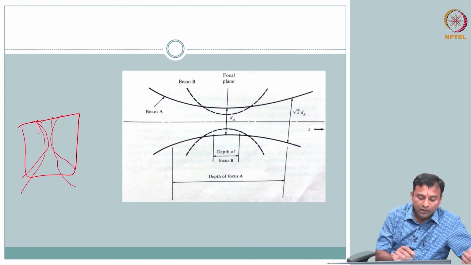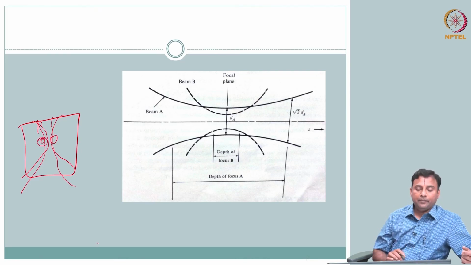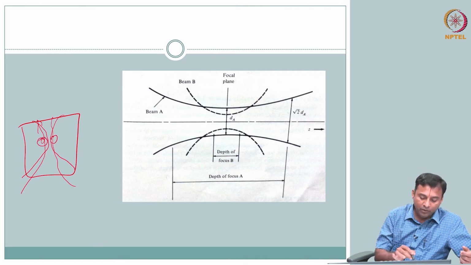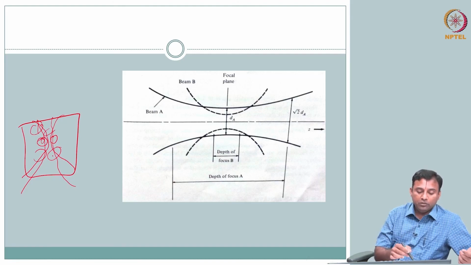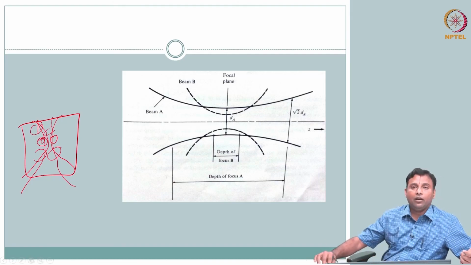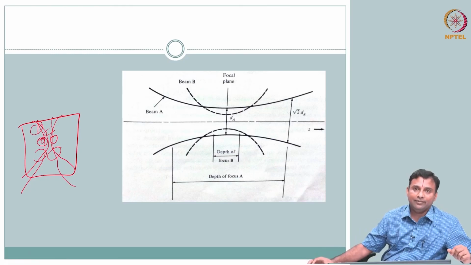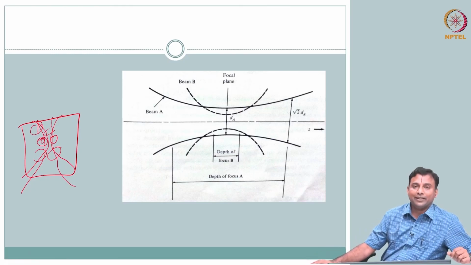If, for example, I am interested only in two objects that are there, then maybe I will use the tightest. But if I have several objects at different locations, I would like to make sure that I see all of them reasonably well. So it is a choice that you have to make. Okay, so it is a trade-off.